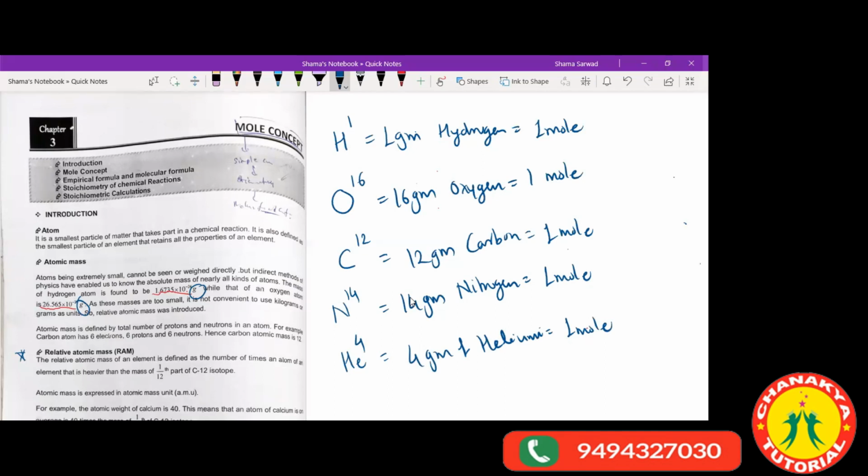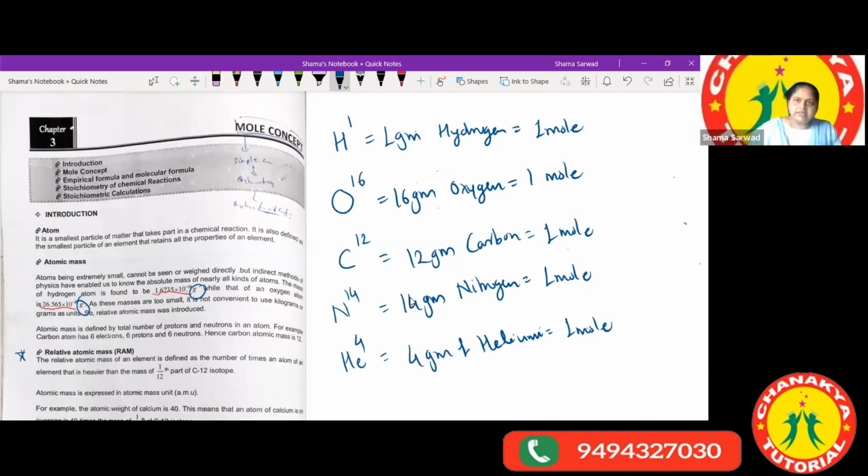Now, 1 mole of any substance consists of a fixed number of particles. The particles can be atoms, molecules, or ions. Here we are speaking about atoms: hydrogen atom, oxygen atom, carbon atom, nitrogen atom, and helium atom.